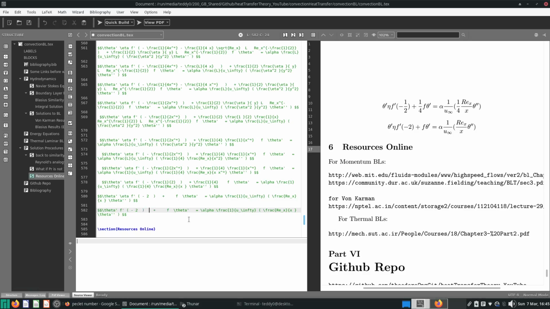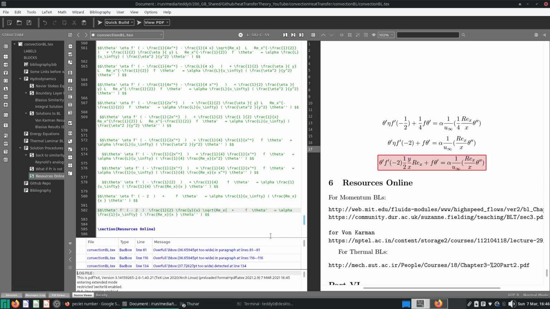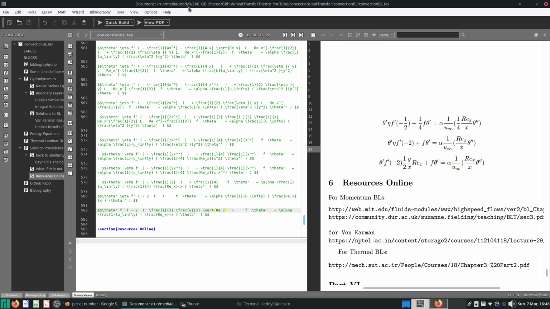I'll have fraction 1 over 2, fraction y over x, and then you'll have Rex. That's eta. Oh yeah, square root Rex. So 2 and 2 will cancel.